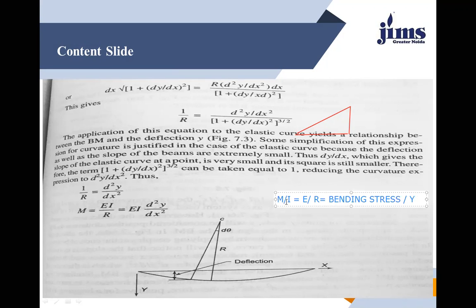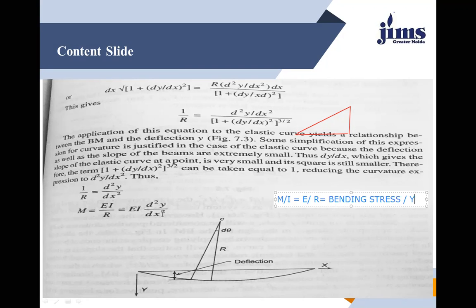From this, M by I is equal to E by R, so M is equal to EI by R. Since 1 by R is equal to d square y over dx square, M is equal to EI d square y over dx square. That is our deflection equation. You can find out the deflection as well as the slope from this equation.